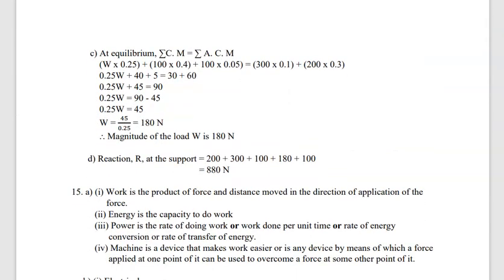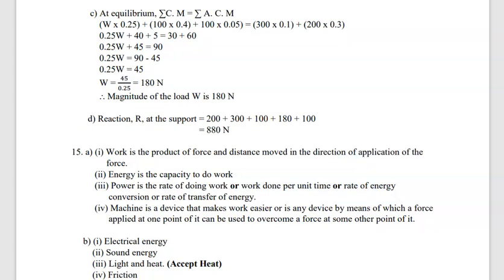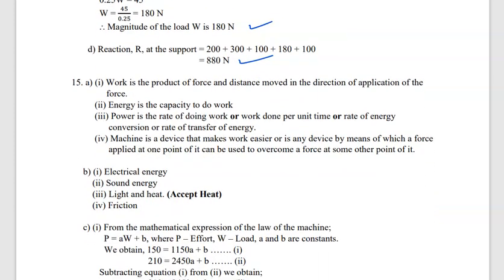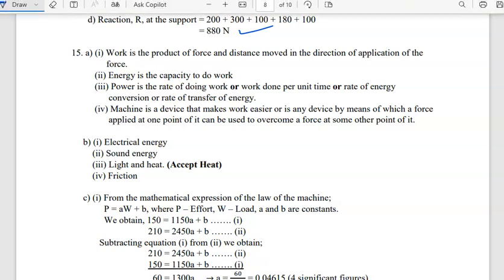Then part C, that is 14C, the load is 180 when you are using the weight of the load to be 100. Then the reaction at the support will be 880. Then move on to number 15, 15A, 15B. For 15B Roman 3, we can accept light and heat all together, or simply heat is also accepted.